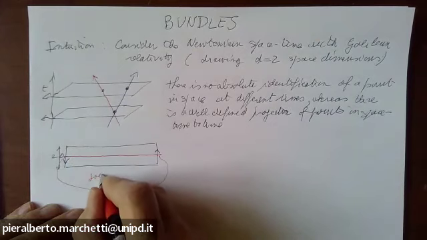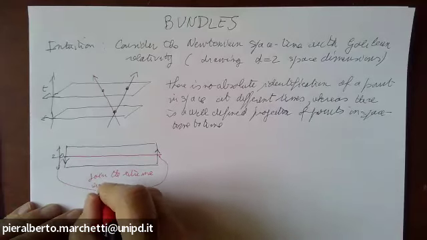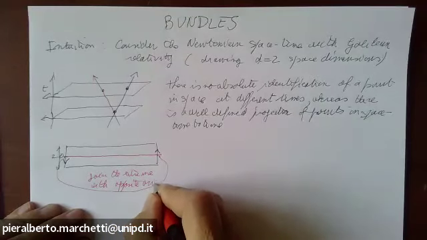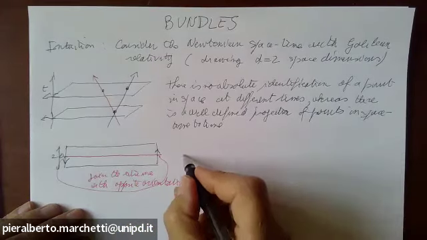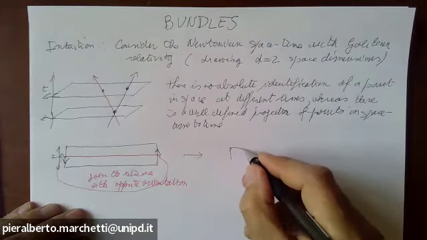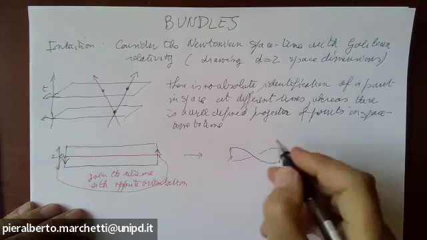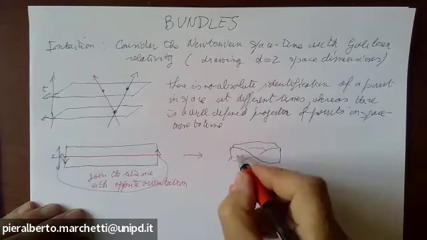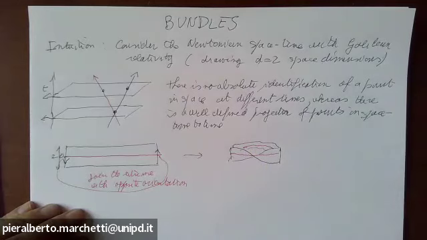So join the extremes with opposite orientation, as is written here. What you would get is something like this, in which you have your original circle, which goes like this. And this is called a Möbius strip.